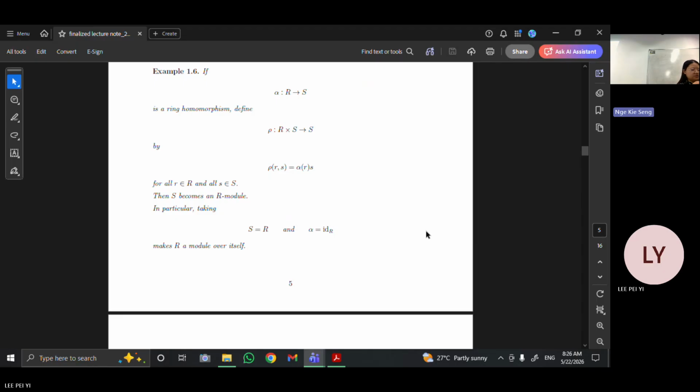So a ring homomorphism allows elements of R to act on the elements of S. In particular, taking S equal to R and alpha the identity, we see that every ring is naturally a module over itself.